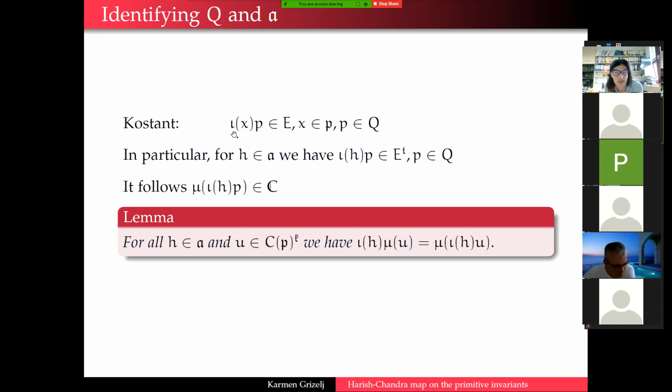That was this iota. So Kostant claims that if we apply any contraction to a primitive invariant, we actually end up in the image of alpha.